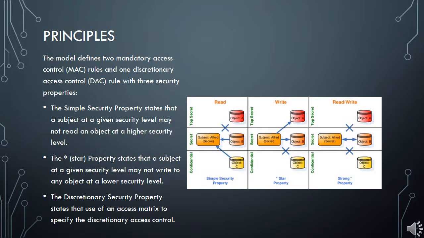On the right of the view, there's a picture that is a perfect example. Object A, object B, and object C each belong to the top security, security, and confidential classes of security levels. And all of them have three rights: write, read, write, read, or write. Let's see the first column.